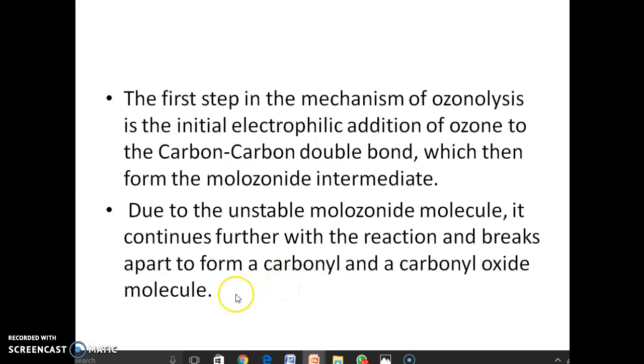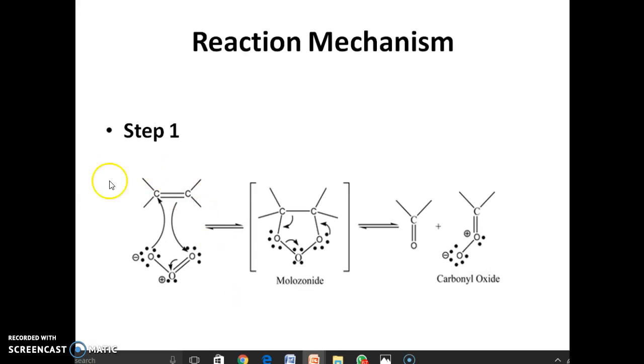Since the mono-ozonide molecule is unstable, it further reacts and breaks apart to form a carbonyl compound and a carbonyl oxide molecule. This is a step where we can see the molecule of ozone is added across the double bond of an alkene.